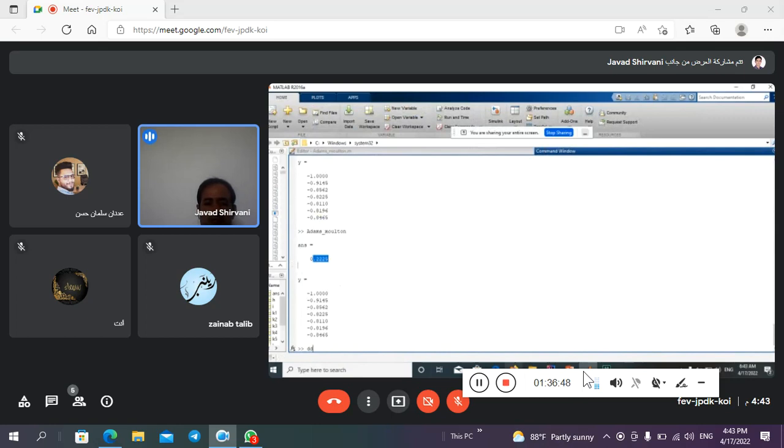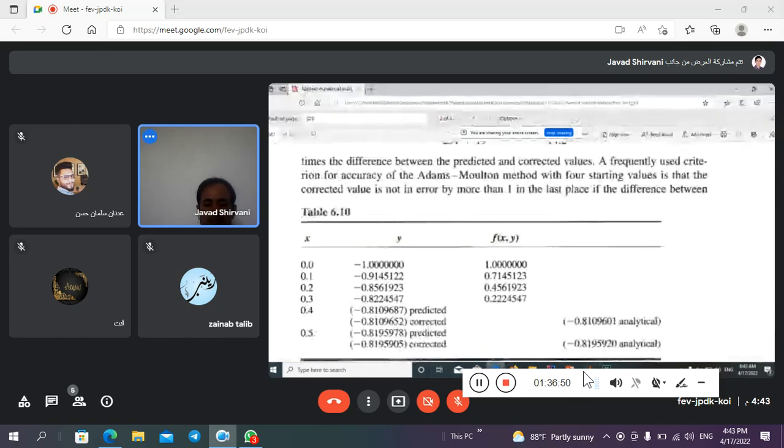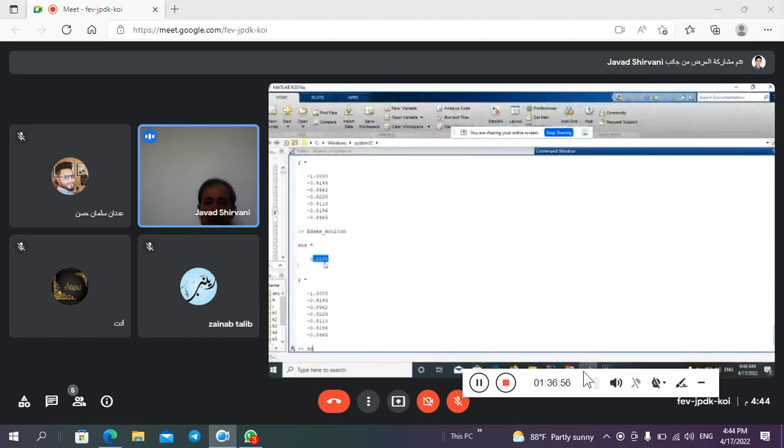This is the value of f. You can see here 22, 24, 22, 25. It is a rounded value for f.